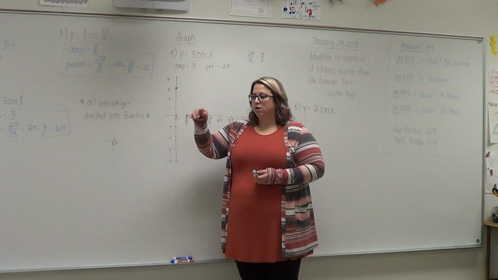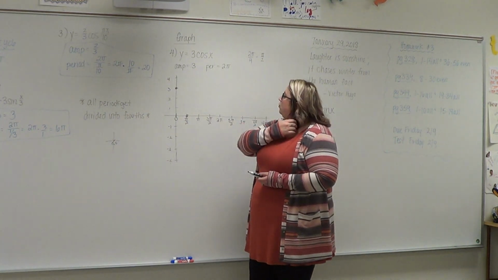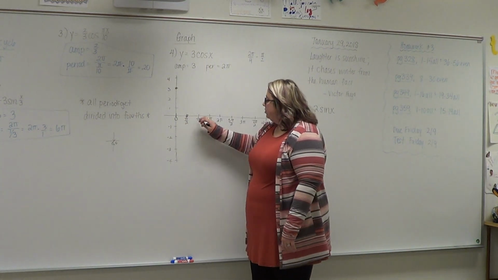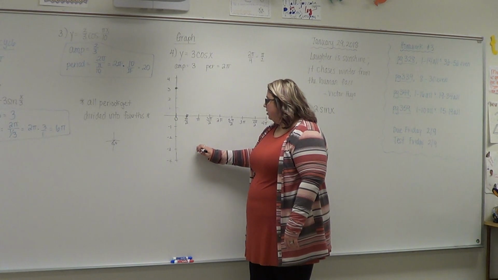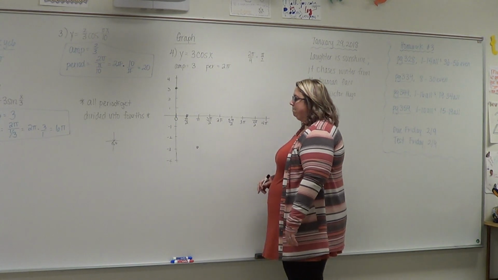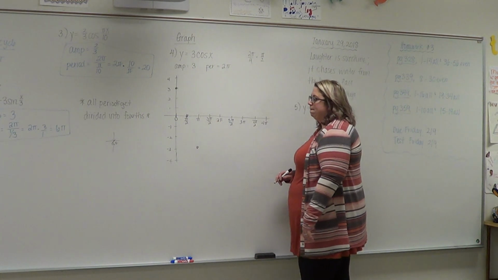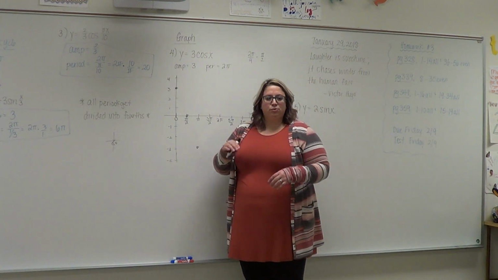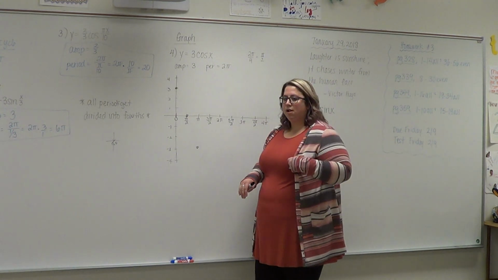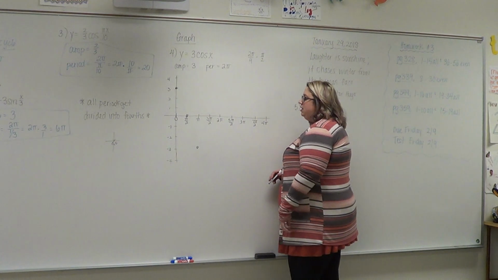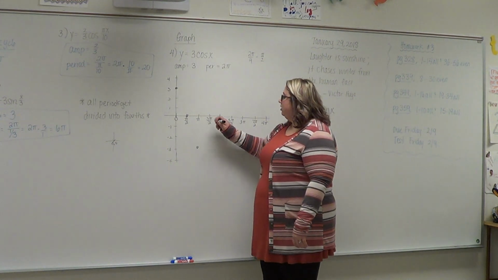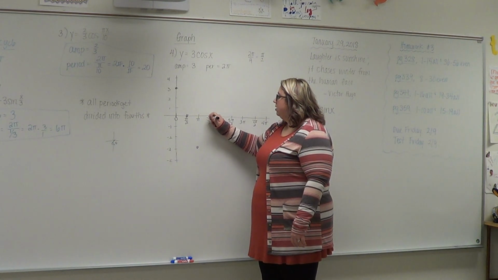You're looking at your unit circle. Okay? X value is -1 times 3 is -3. Then 3 pi over 2 is at the bottom of your unit circle. Cosine of that is 0. 0 times 3 is 0.